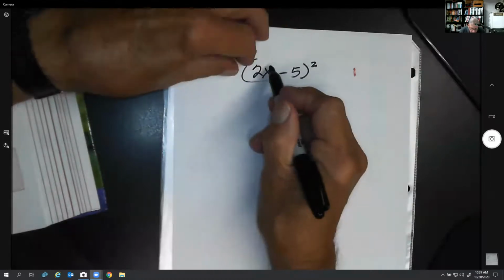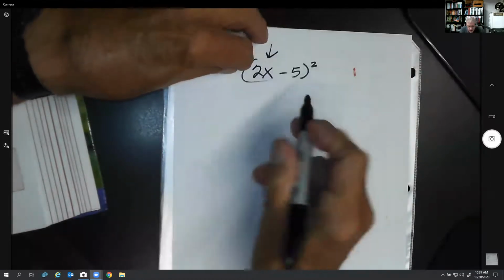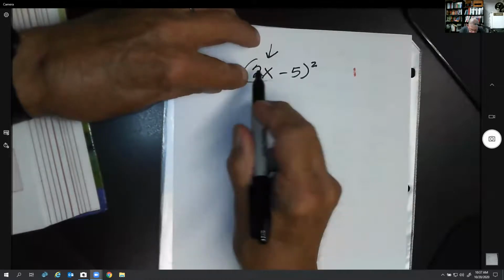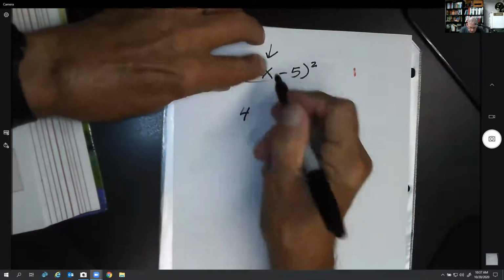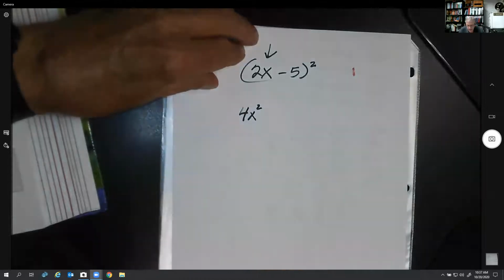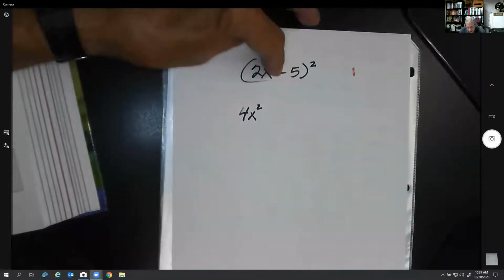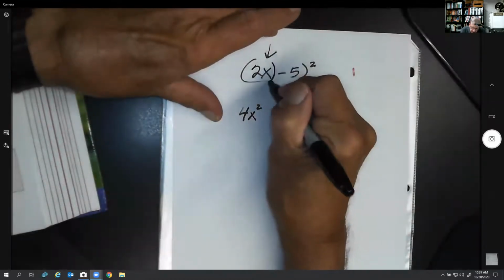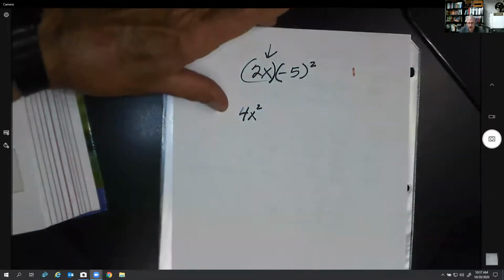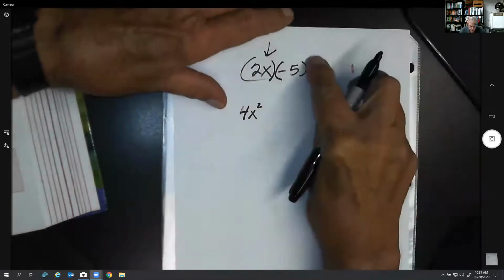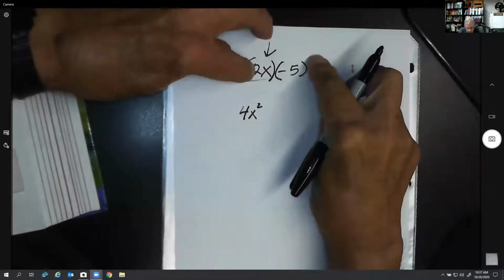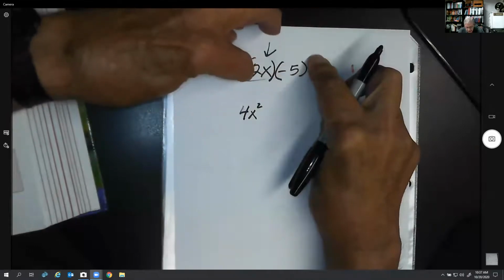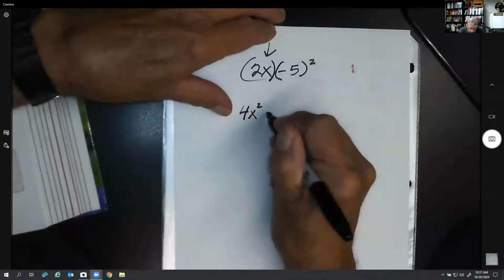I'm going to take this first term right here, and I'm going to square it. 2 times 2 is 4. x times x is x squared. Now I'm going to forget about this minus. Well, actually, I'm going to think about this as 2x times negative 5. I'm going to think of it that way. Forget about this power right here. I'm going to multiply these together. That'll be negative 10x, and I'm going to double it. Negative 20x.